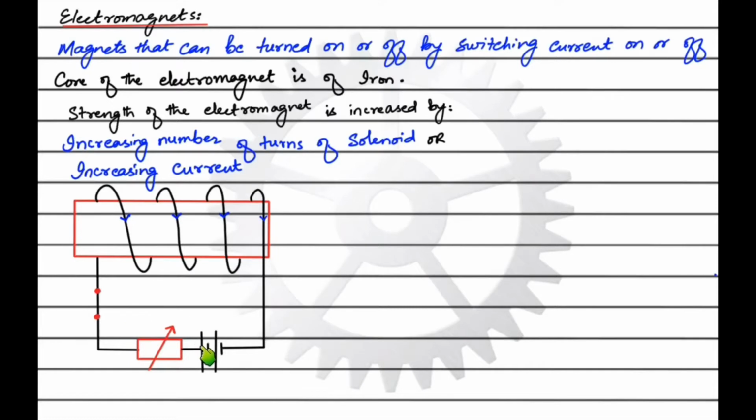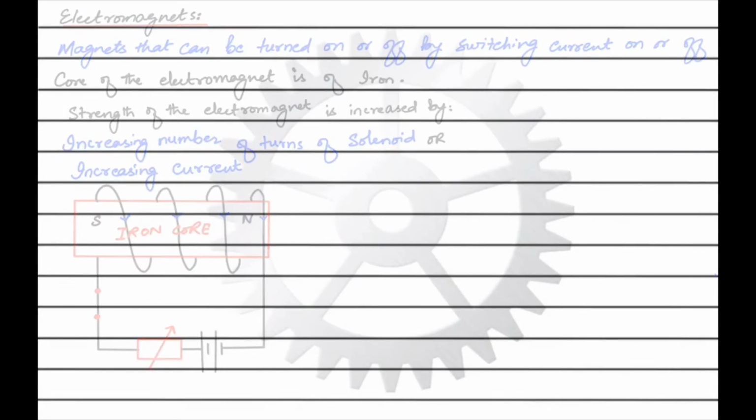The current flows from positive to negative, and the direction of current in the solenoid is represented by these blue arrows. So if you place the curl of your fingers in the direction of conventional current, then the thumb will tell you the magnetic north. In this case, the north is towards the right and the south pole is towards the left.